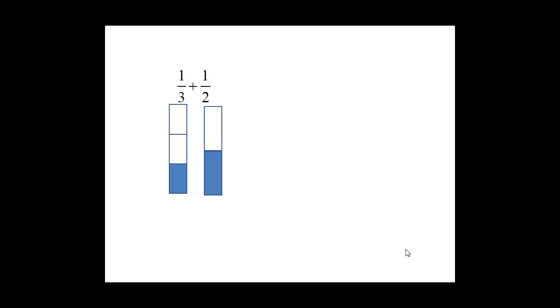These pieces here in the 1/3 aren't the same size as 1/2, so we aren't able to add these pieces and say there's 2 pieces because the pieces are different sizes. So the idea here is that when we have a common denominator, we know the pieces are the same size. So what we need to do is write or draw 1/3 differently and 1/2 differently, making the pieces the same size.